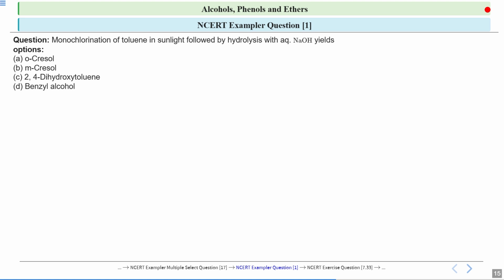And in the next step there is hydrolysis with aqueous NaOH. So 4 options are given: orthocresol, metacresol, 2,4 dihydroxytoluene, and D is benzyl alcohol. Out of this, one will be correct. So you have to write the reaction and then solve it. I'm giving you 30 seconds. You try and then we are going to discuss the solution.